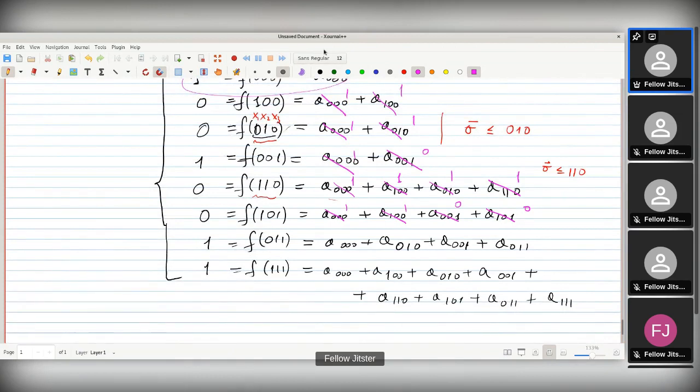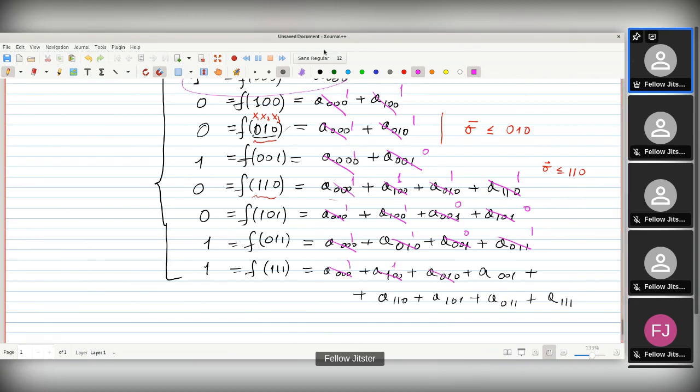This one. 1. A001 was 1. 0. 1 plus 1 plus 0 plus x equals 1. 0 plus x equals 1. So this must be 1. And the last one, 1.